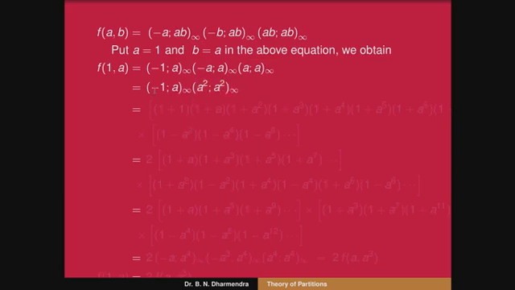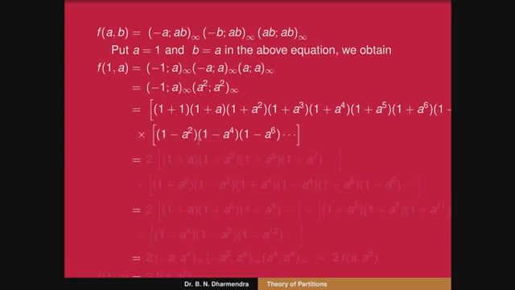The first term, (−1; a)∞, can be rewritten as 1 plus 1, because the negative sign makes the whole term positive. Next we multiply the bases: 1 + a², 1 + a³, 1 + a⁴, 1 + a⁵, 1 + a⁶, likewise up to infinitely many terms. Secondly, with the positive sign, we have 1 − a², and the base is also in terms of a², that is 1 − a⁴, 1 − a⁶.